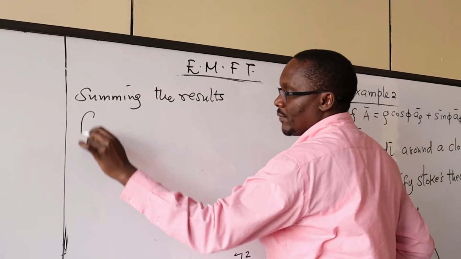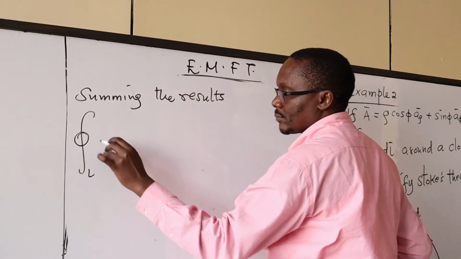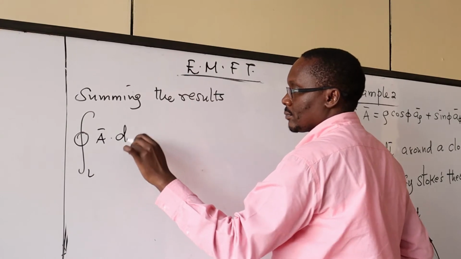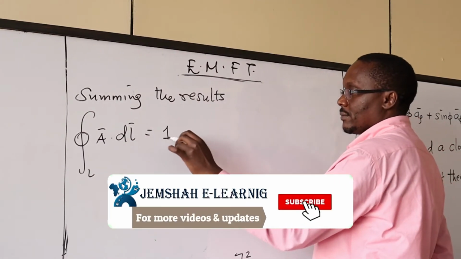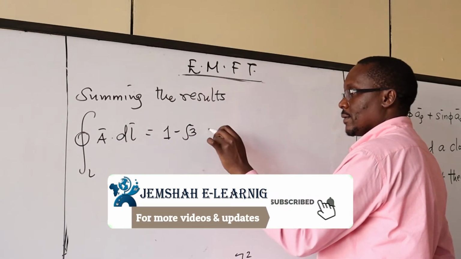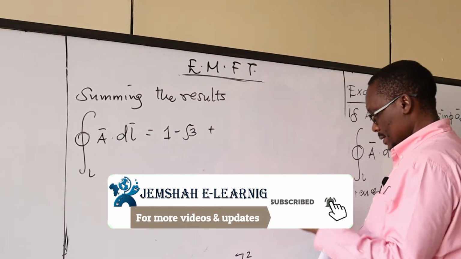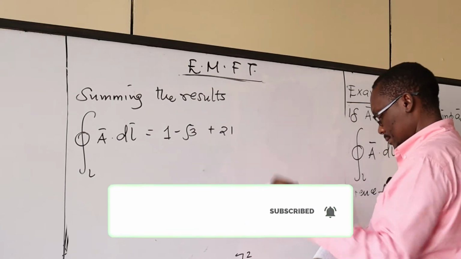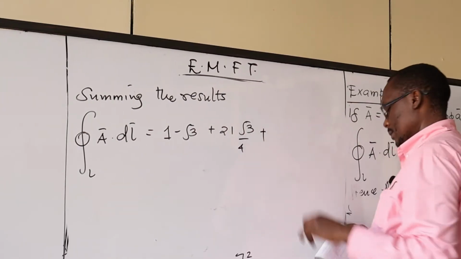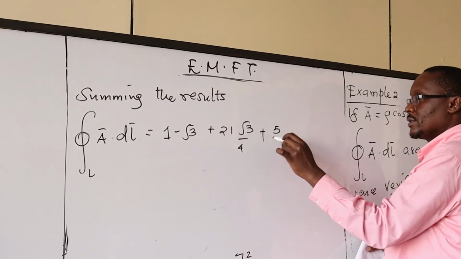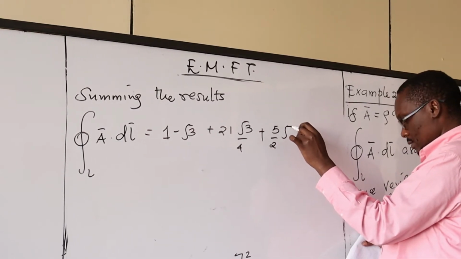We are going to have, my first value was 1 minus the root of 3. So I'm adding that to the next one, which was 21 root 3 over 4, then plus 5 over 2 of the root of 3.